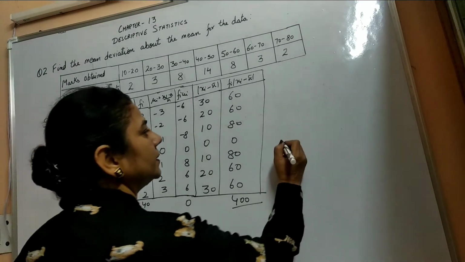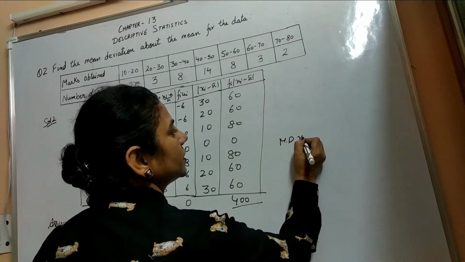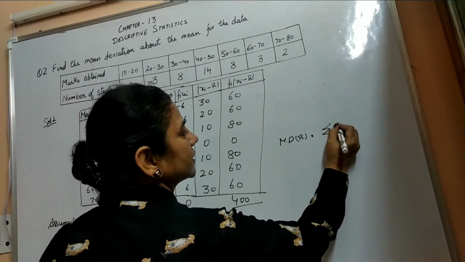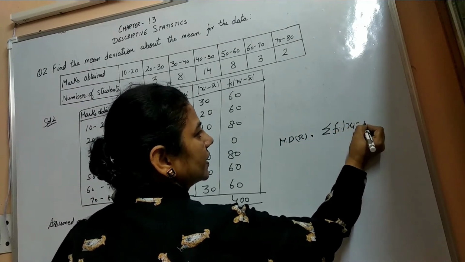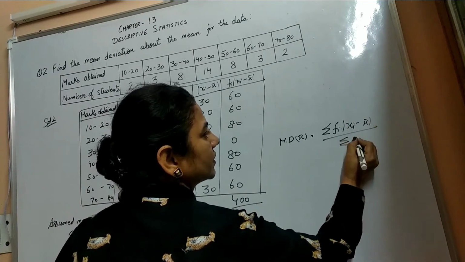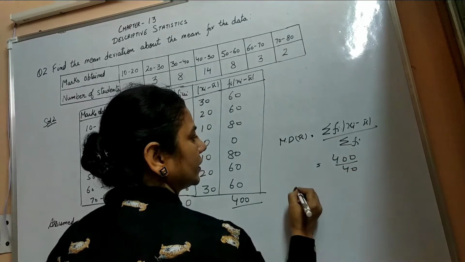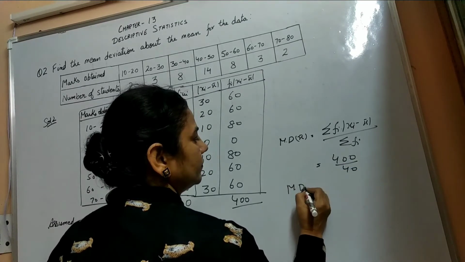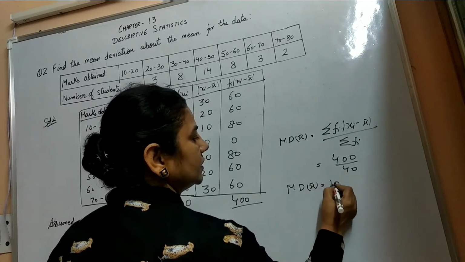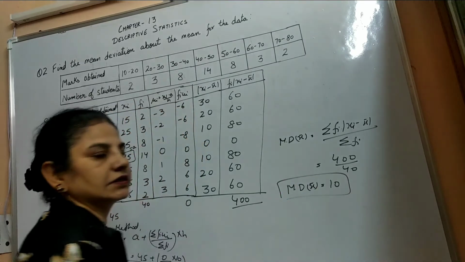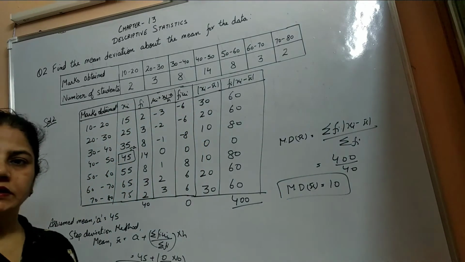Now we will calculate the mean deviation about mean, given by sigma fi mod xi minus x bar upon sigma fi, which is equal to 400 upon 40. So we get the mean deviation about mean equal to 10. This is my answer. Mean deviation about mean is 10.